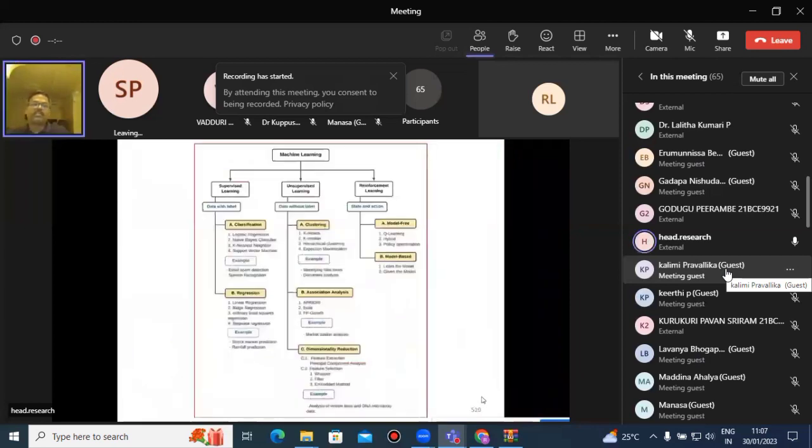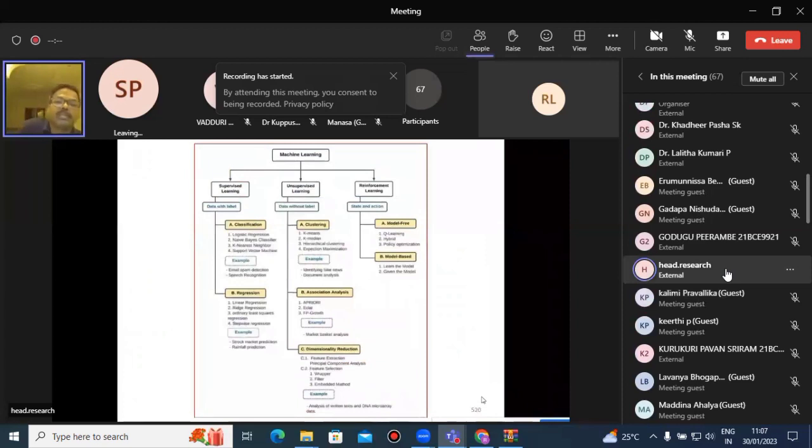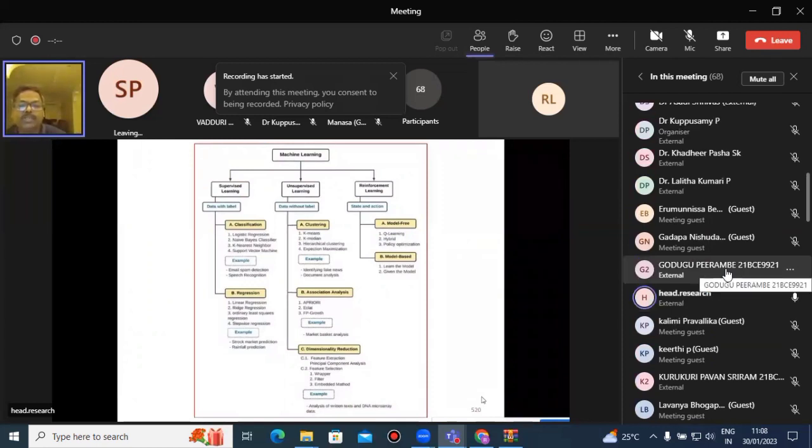Then machine learning algorithms. You see supervised learning: data with labels, classification and regression. Classification examples: email spam detection, speech recognition. Regression: stock market prediction and rainfall prediction. In unsupervised learning, data without labels, that is called clustering. Examples like identifying fake news, document analysis.